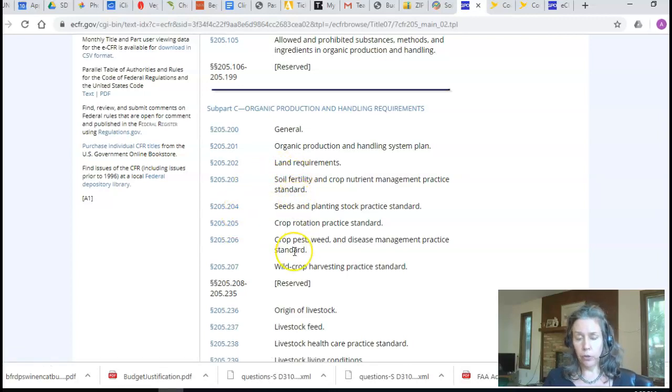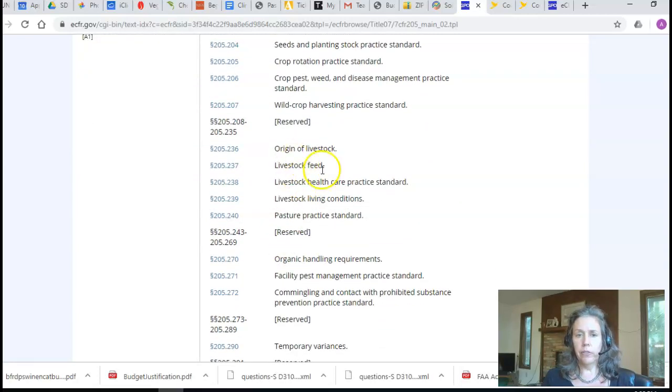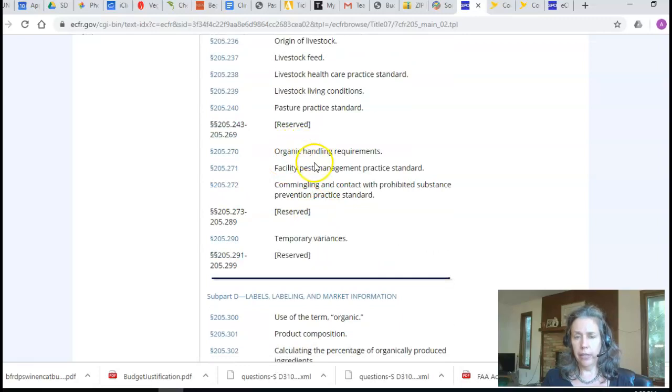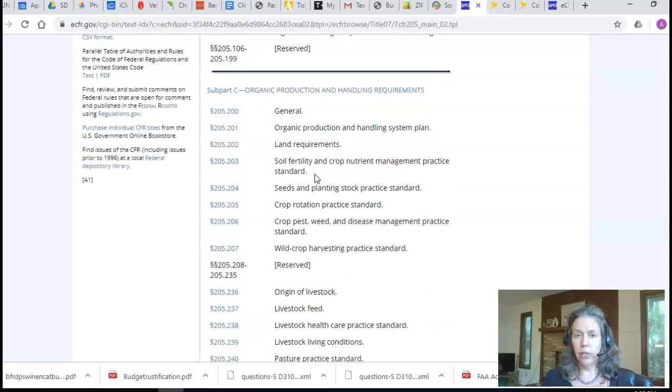These have to do with crops. And that's one point about our program. The NOP is what we often call the National Organic Program, is that it's broken down into crop, livestock, and then handling or processing standards.